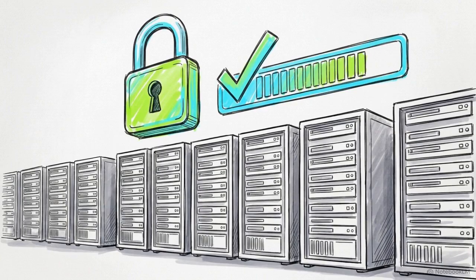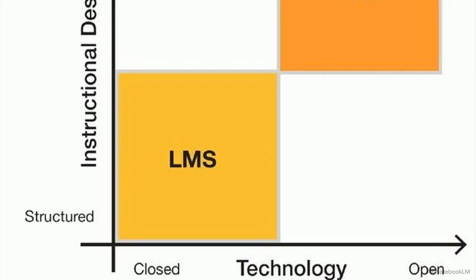An LMS functions as a top-down virtual library. Administrators control the catalog, deploying formal instructional design and aggressively tracking course completion status. While excellent for mandatory training, an LMS is heavily limited when it comes to capturing informal, peer-to-peer knowledge sharing.